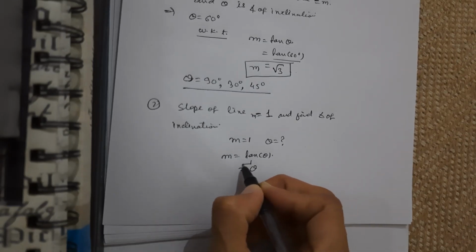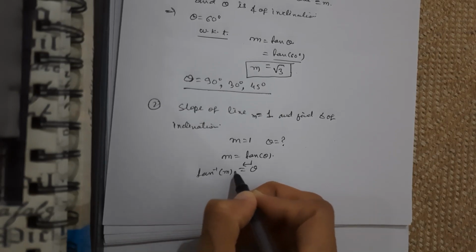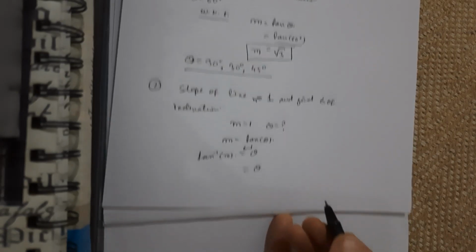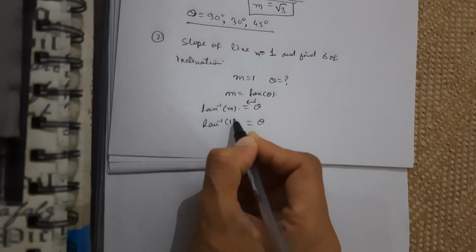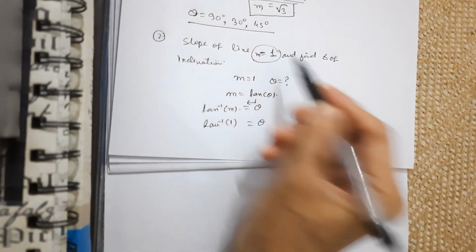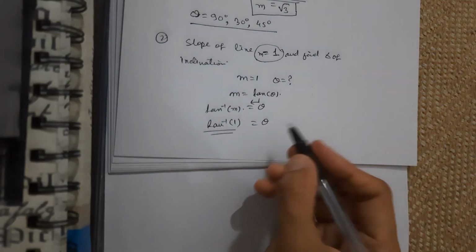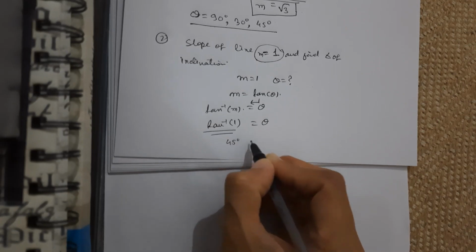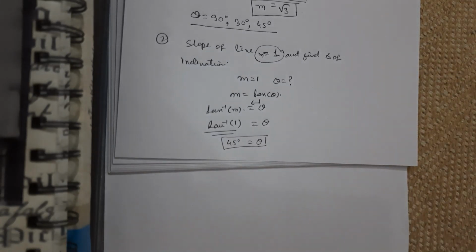So theta equals tan inverse of m. Now substitute the value: tan inverse of 1, because m is equal to 1. And the value of tan inverse of 1 is 45 degree, correct. That's how we calculate the angle of inclination if the slope is given.